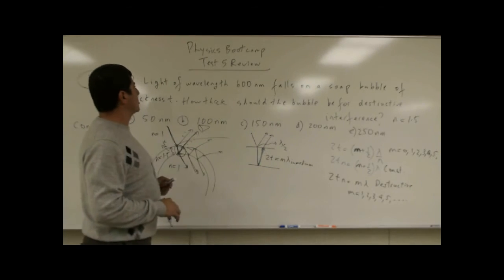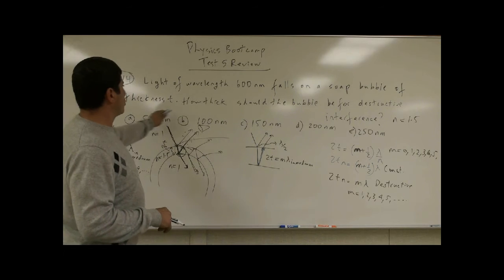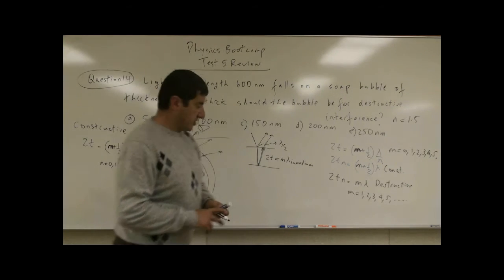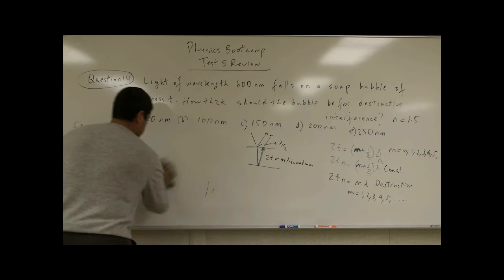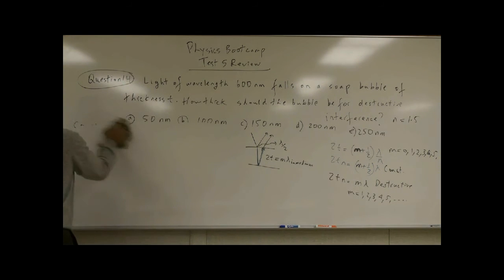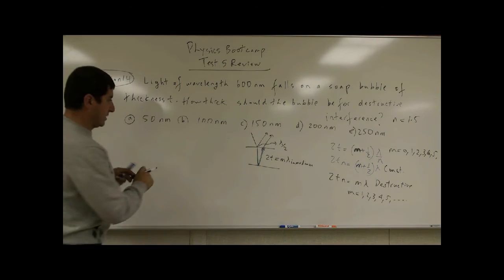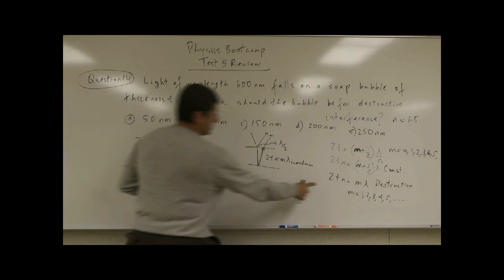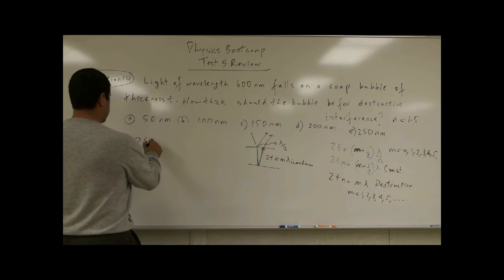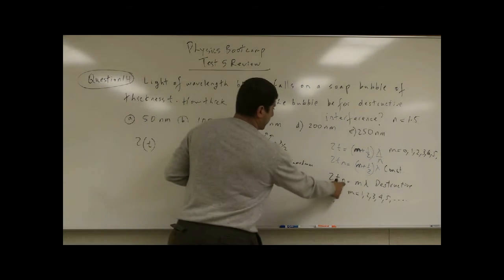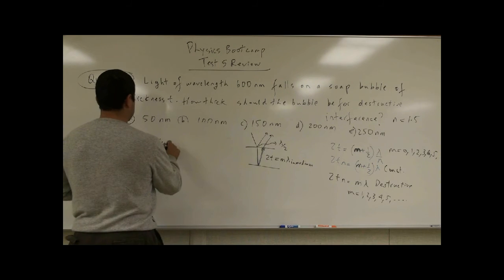So in order to answer this, we want it to be destructive interference. So what are we going to do? We're going to put 2 times the thickness. Well, we don't know the thickness. The index of refraction, 1.5.